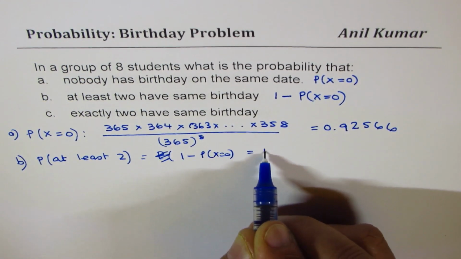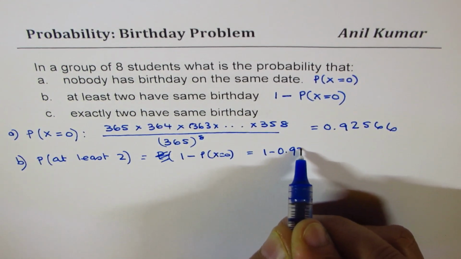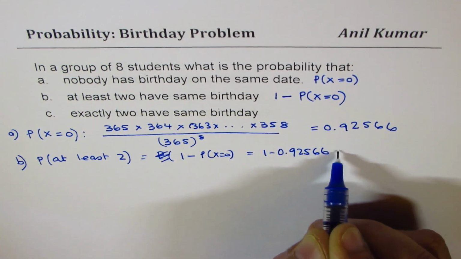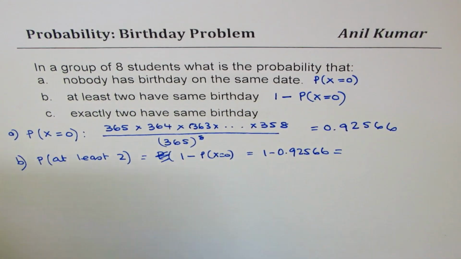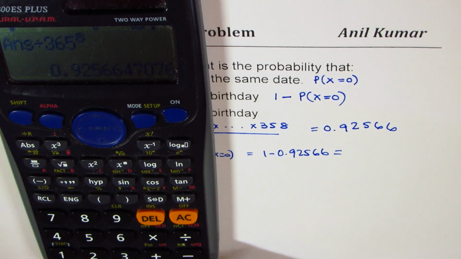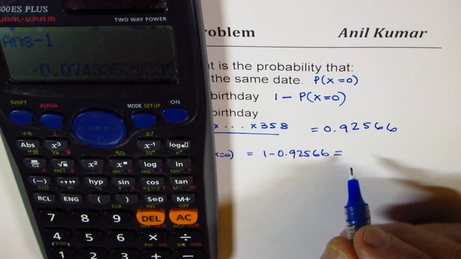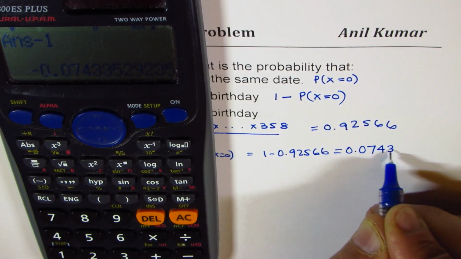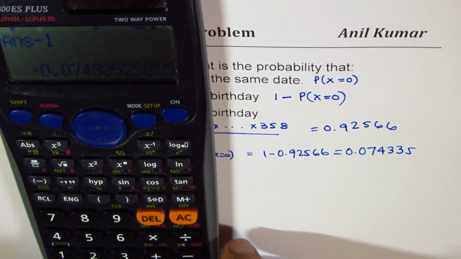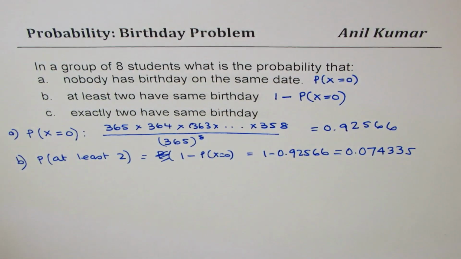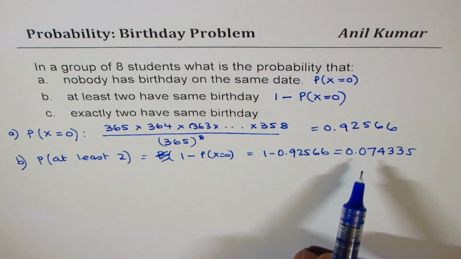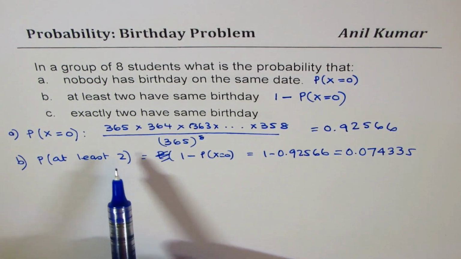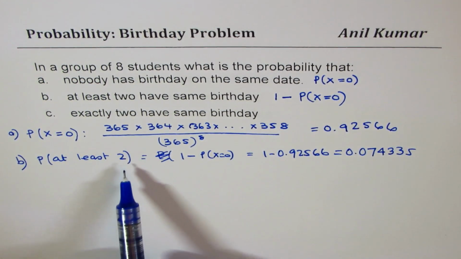That is 1 minus 0.92566. We get 0.074335. So it is 7.4%. Not bad. So 7.4% is the probability that at least 2 will have the same date as their birthday.